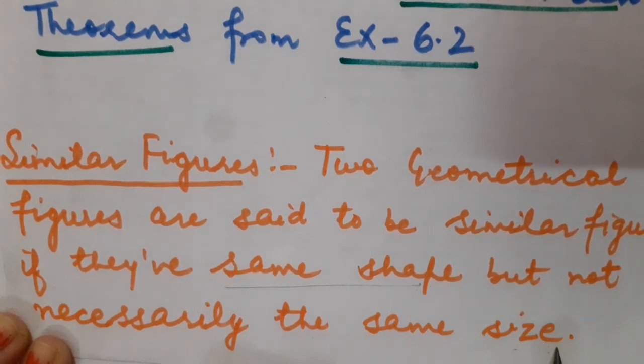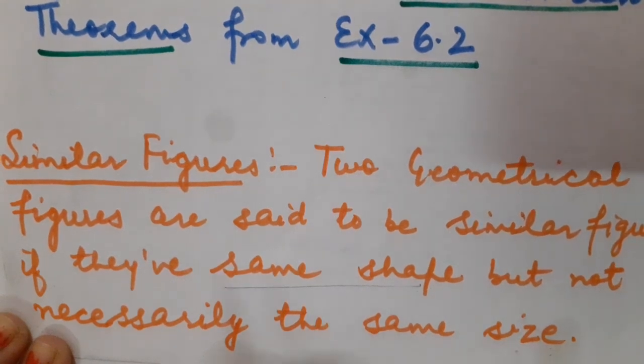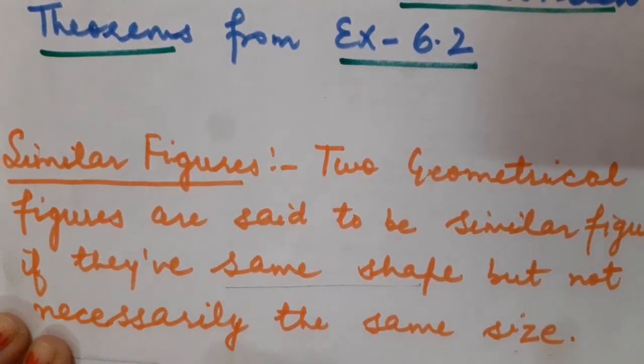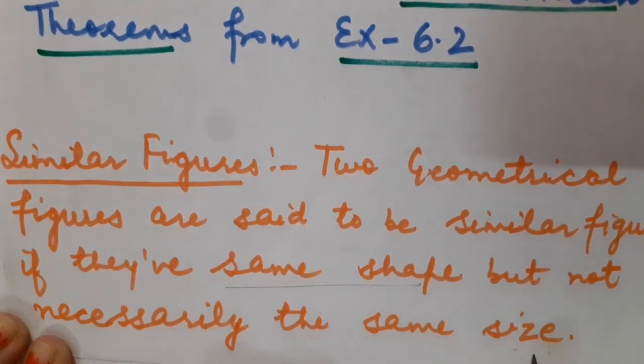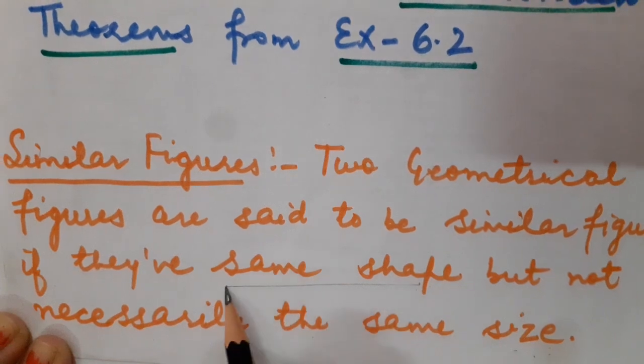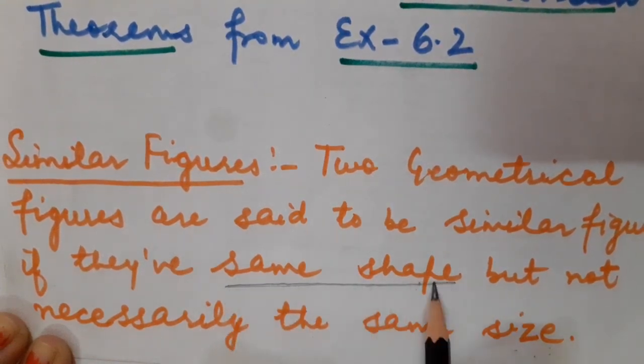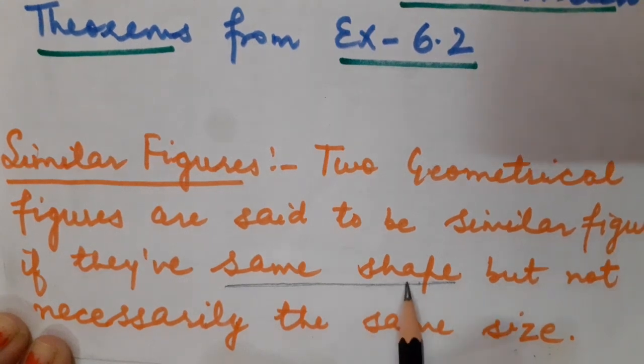Fine, children? For example, if I take an equilateral triangle of 4 centimeter and another equilateral triangle of 5 centimeter. Here I have told you that in similar figures the shape matters. Means in both the cases I am dealing with an equilateral triangle.